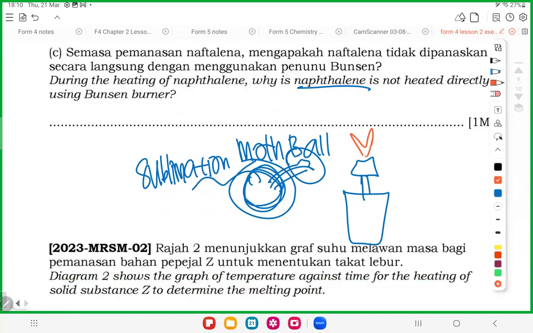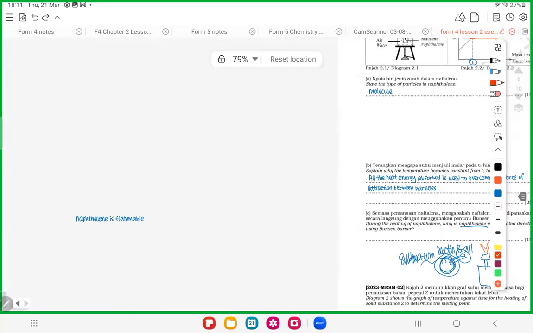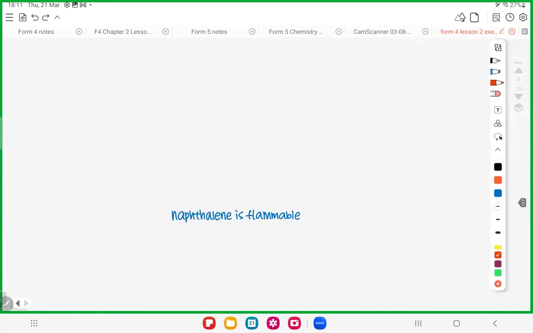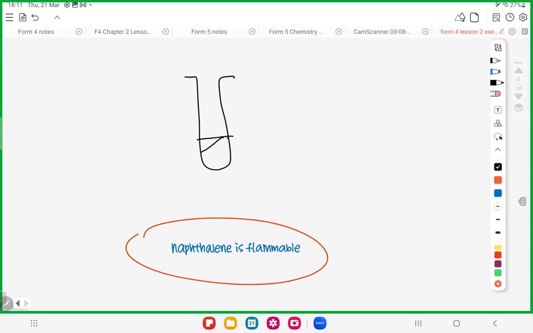So why can we not put the naphthalene under the Bunsen burner directly? The reason is that naphthalene is highly flammable. Highly flammable means very easy to catch fire. If you put the naphthalene right under the fire, it will catch fire. Very dangerous. That's why we do indirect heating. We put naphthalene in a tube and use a water bath, oil bath or sand bath to heat it.